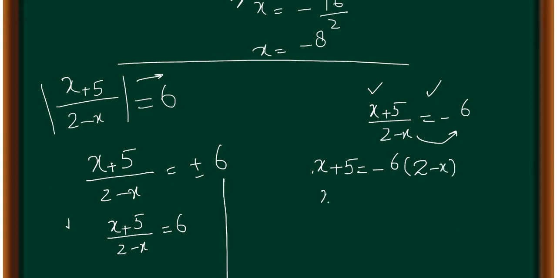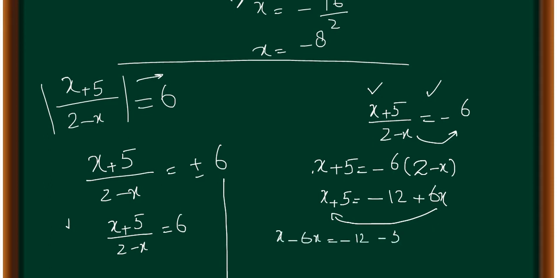Okay, now here x plus 5 is equal to minus 12, minus times minus is plus, here I get 6x. Okay, now here I shift 6x to the left side of equal, and here I get x minus 6x is equal to minus 12 minus 5.